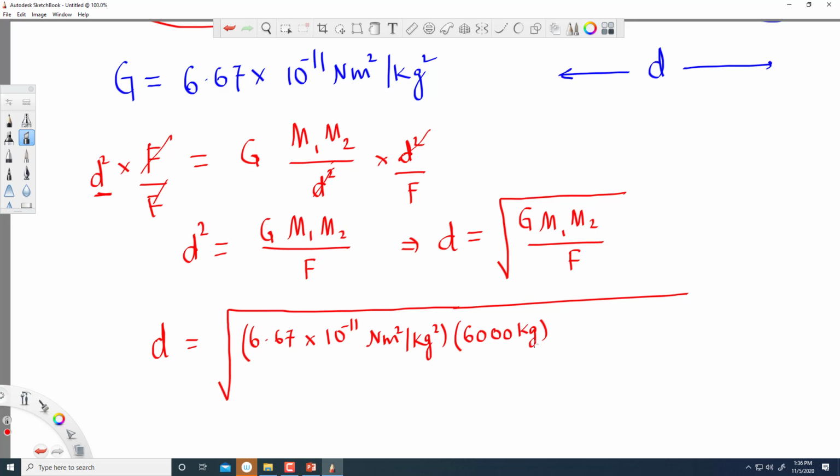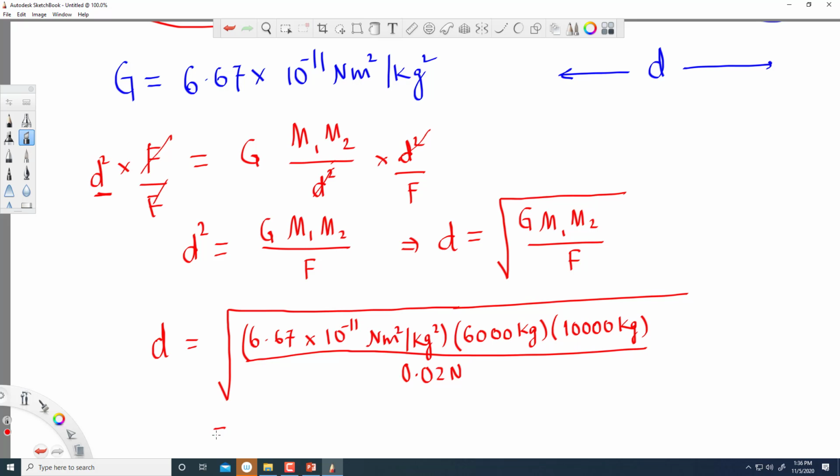The value of mass M2 is 10,000. And force is 0.02 Newton.